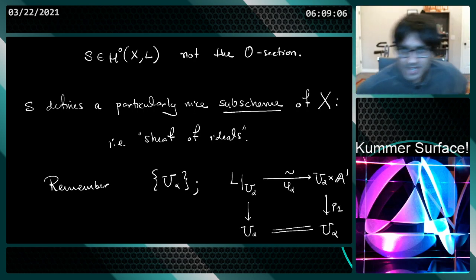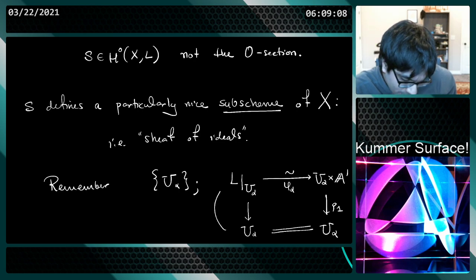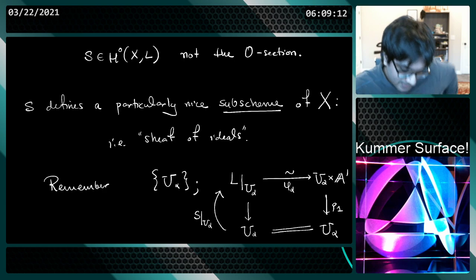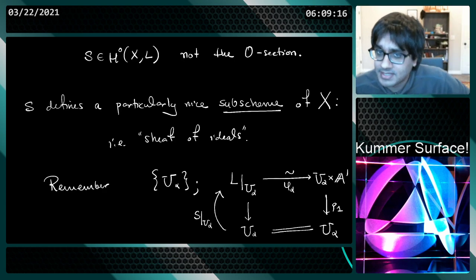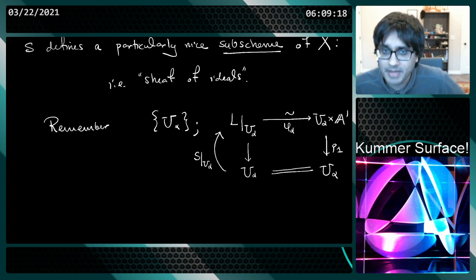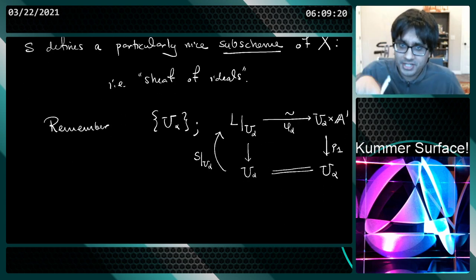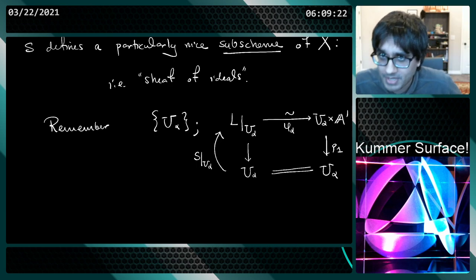Well, the section S, when you restrict only to that open subset, and look at it after composing with this isomorphism, B sub alpha, it becomes a section of just the trivial bundle.